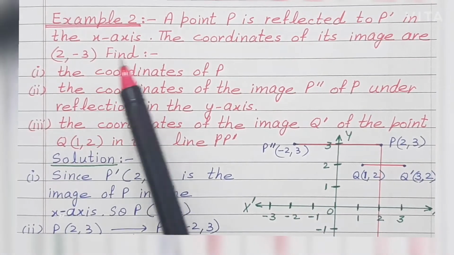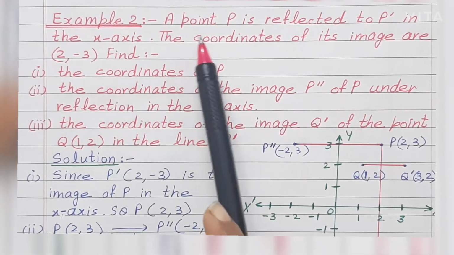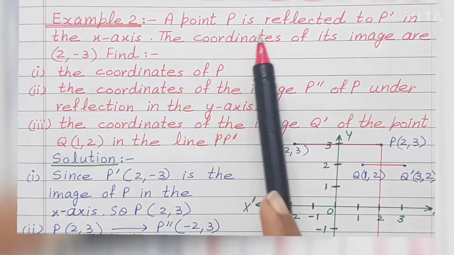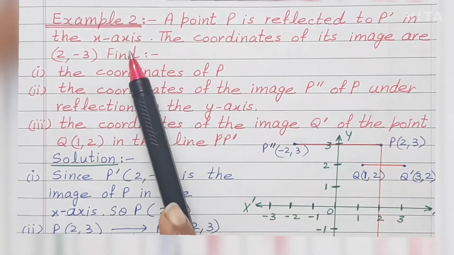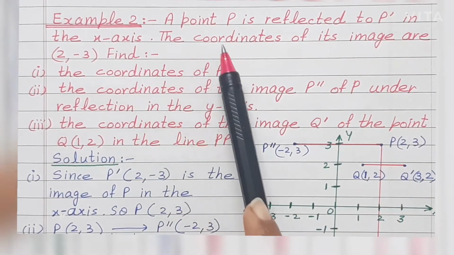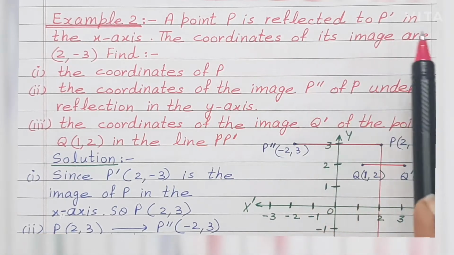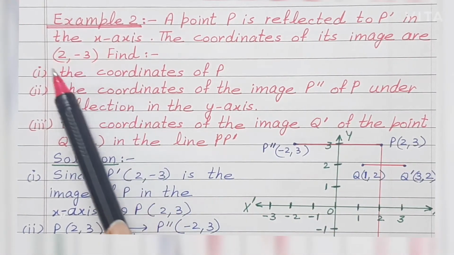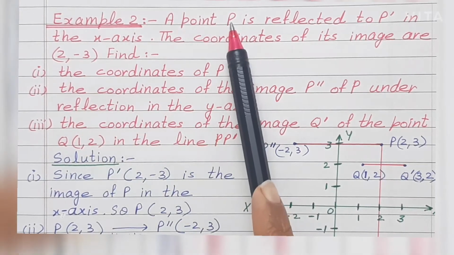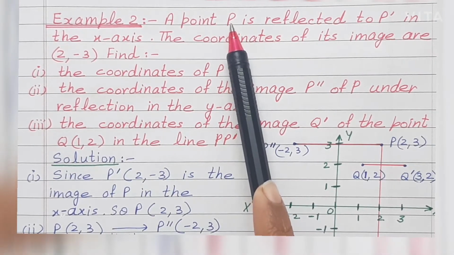Now let us discuss example number 2. A point P is reflected to P dash in the x-axis. The coordinates of its image are 2 and -3. That means P dash is given to us and we need to find P. Clear?